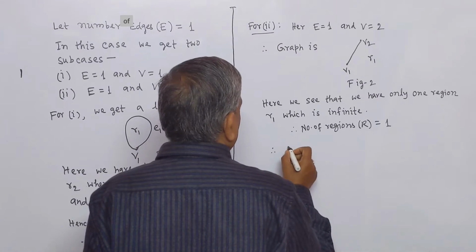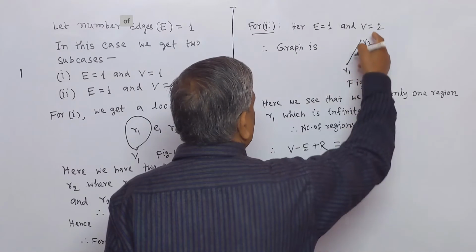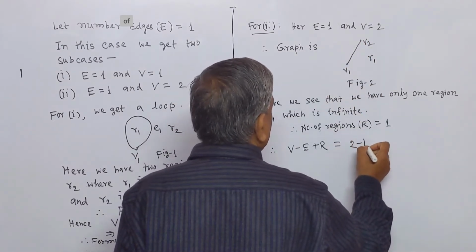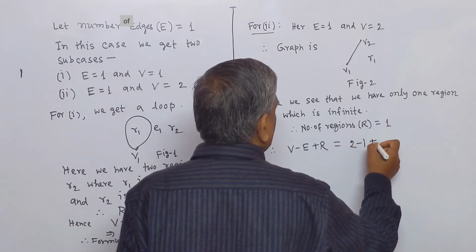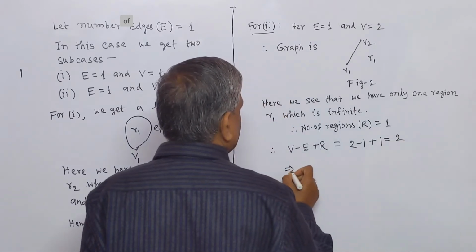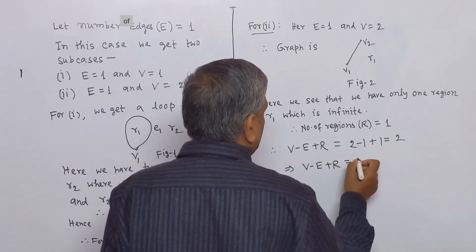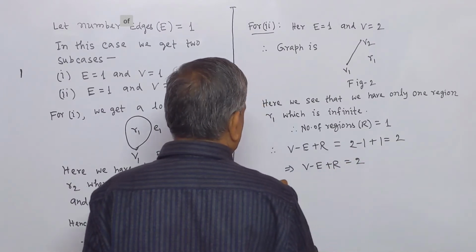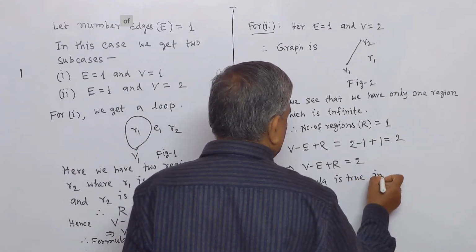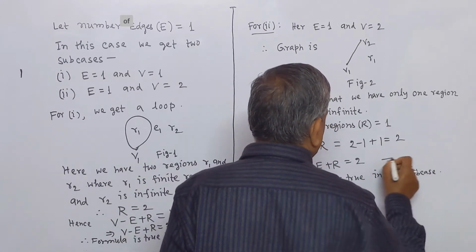Therefore, V minus E plus R, V is 2, E is 1 and R is 1. This is equal to 2. Implies that V minus E plus R equal to 2. Therefore, the formula is true in this subcase. This is number 2.